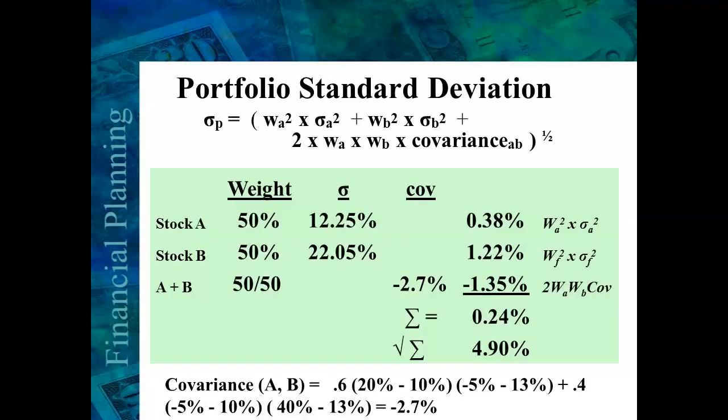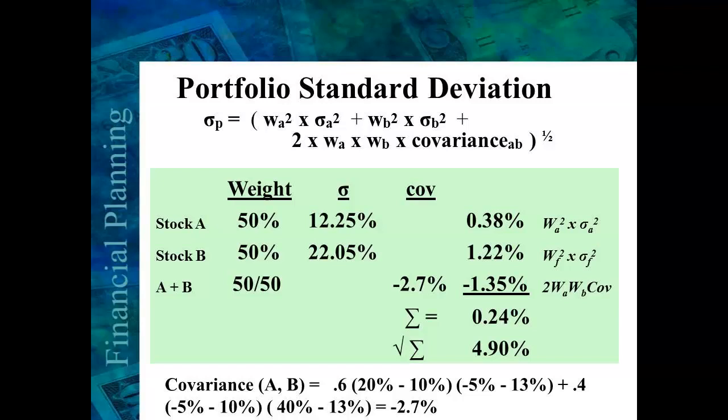Again, you will use the standard deviation formula for a two-asset portfolio. Inputting the weights, the standard deviation for asset A and B, and calculating the covariance by using the return data, you discover that the standard deviation is 4.9%. Let's take a moment to walk through these calculations.